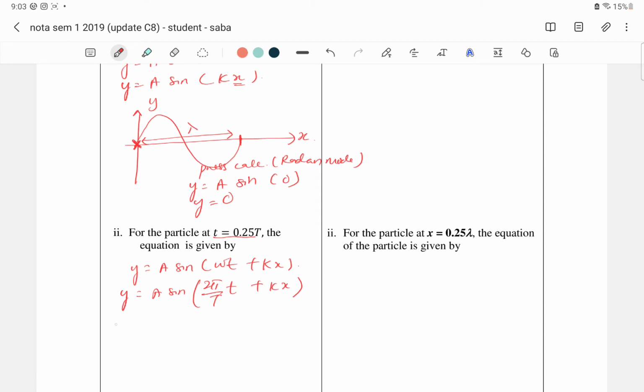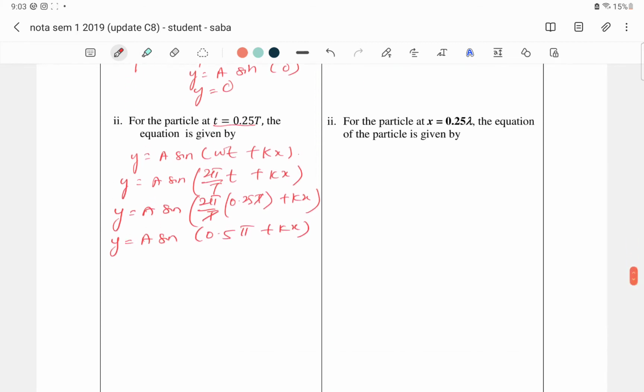Okay, so kita ada sin 2 pi over T, kita ganti-ganti 2/5 T plus dengan kx. Okay, we cancel off T, so we have y equal to a sin 0.5 pi plus kx. Alright, so kita nak buat dia punya graph.